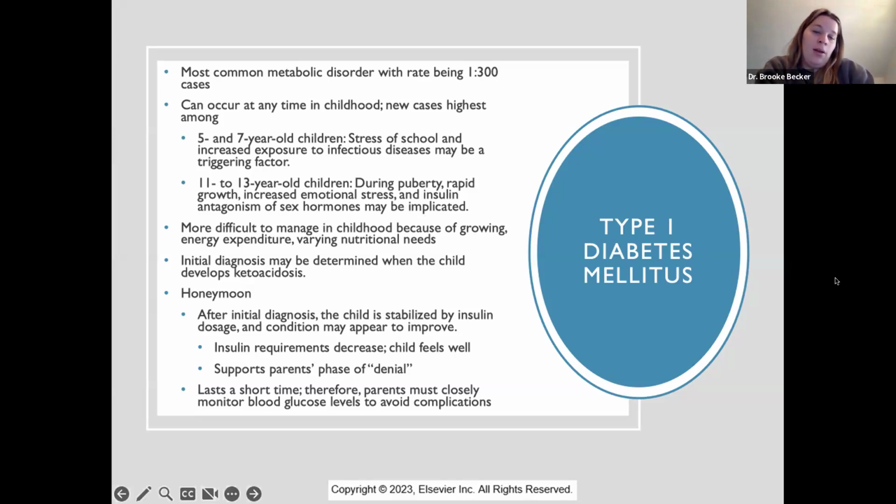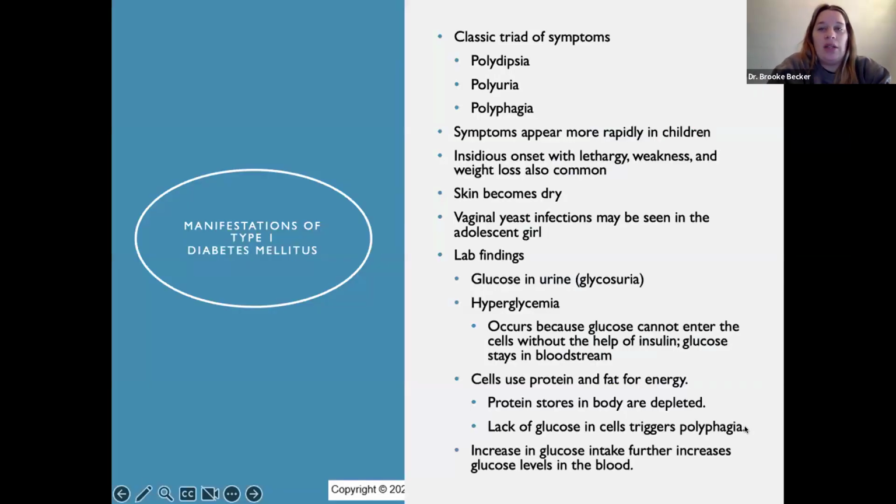Then parents, or the child, may back off on doing their insulin, and then they're going to go the other way. Their blood sugar is going to get wonky again. So the important thing with type 1 diabetes is educating parents to make sure they're doing their insulin as prescribed.